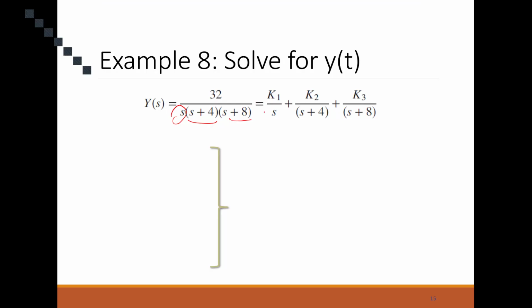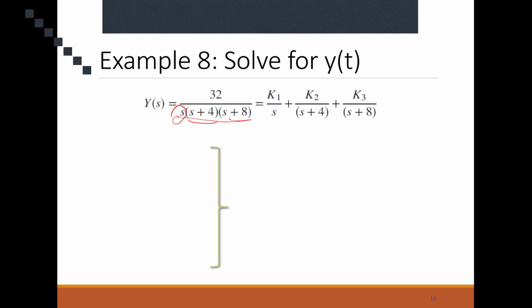When you have multiplication of several terms, it originally could have been a summation. You can transfer this to a summation of fractions, each with the denominator of those terms. So this could be transformed into the summation of k1 over s, the first term, k2 over s plus 4, the second term, and k3 over s plus 8.